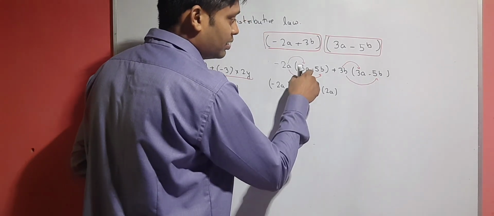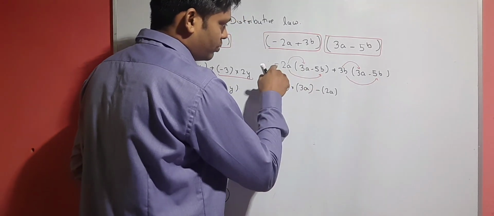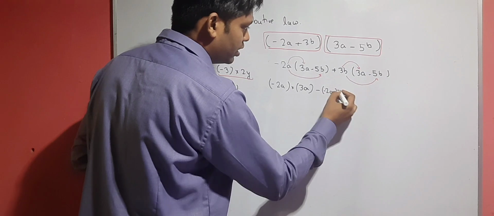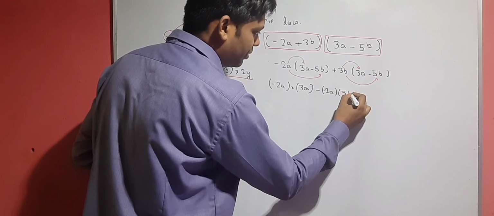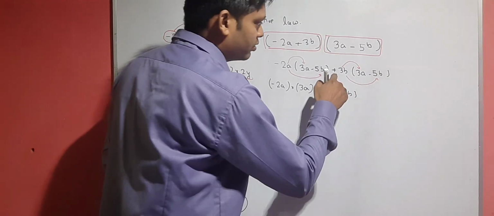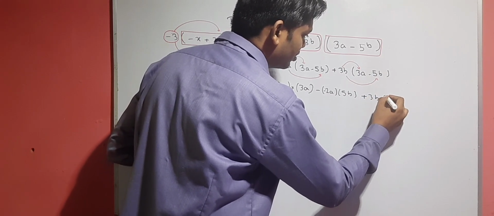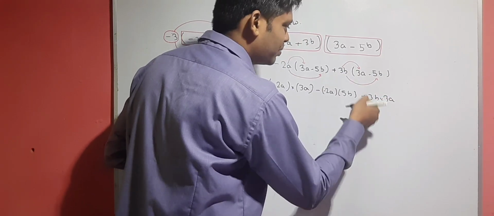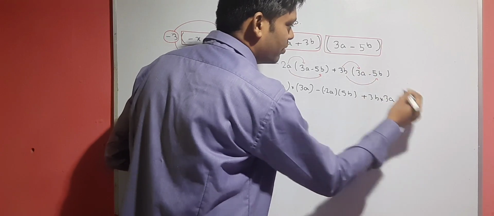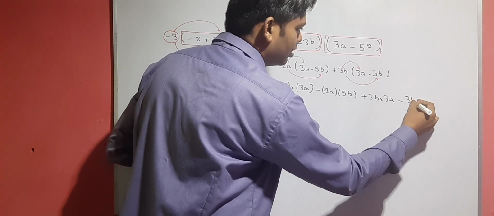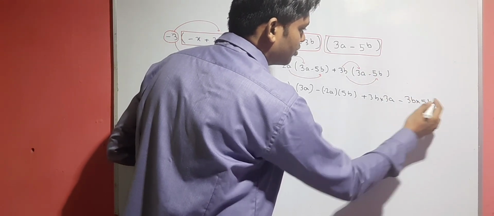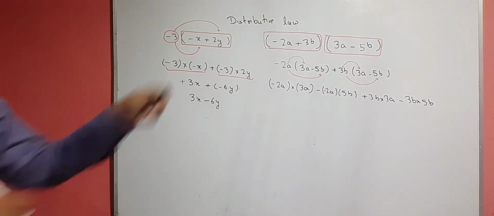So minus 2a and minus 5b, with a multiply sign. Now plus is very easy, directly 3b into 3a, plus only. Plus into minus is minus only, so minus 3b into 5b. Okay, is it clear for you?